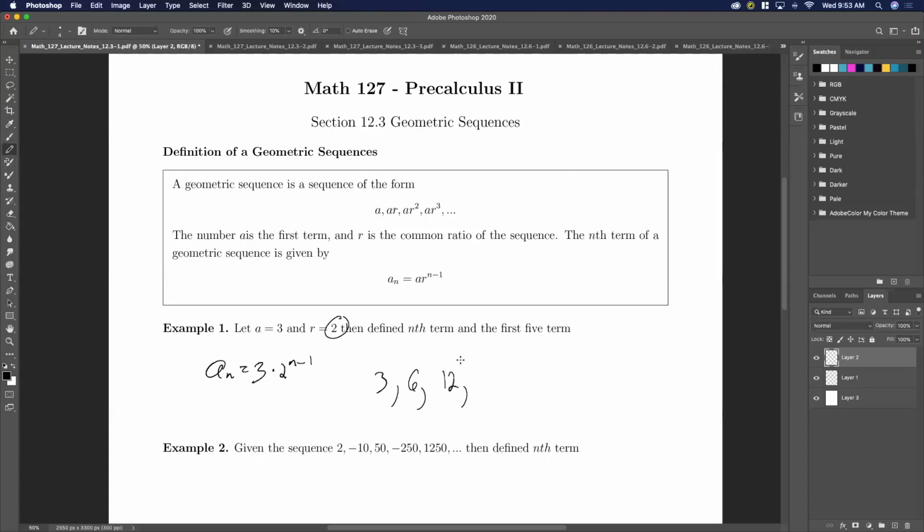And then this times 2 again would give me 24, or I could do 3 times 2 to the third power for my fourth term. 4 minus 1 would be the third power, which would be 3 times 8, which gives me that. But usually if you're just calculating terms, it's easier to take your common ratio and multiply it. So times 2 will give us 48.